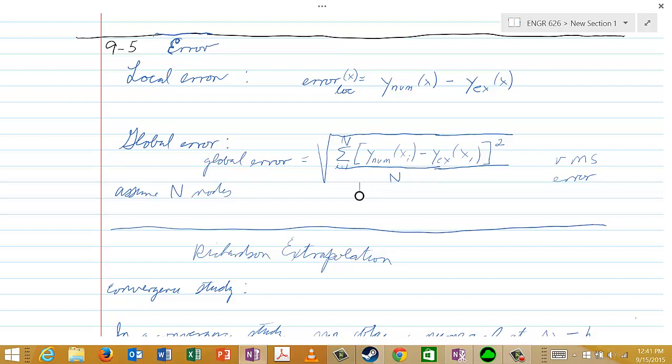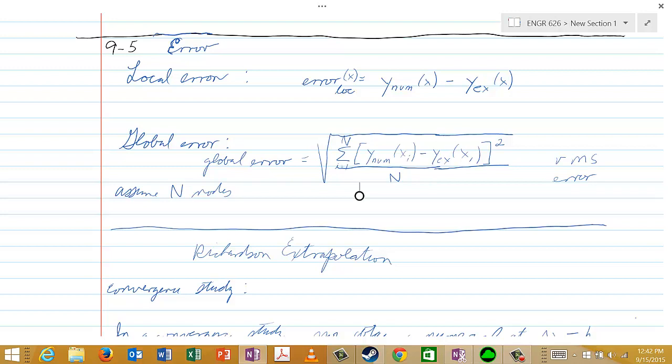We have n nodes, and at each node what we will do is calculate the difference between the numerical value at that node and the analytical value. The y-ex means y-exact. It's the same thing as the analytical solution. So we have y numerical at that node minus y-exact at that node, and we square that, and then we sum up all of those squared values and divide by n. And then finally we take the square root. Now this is also called the RMS error.